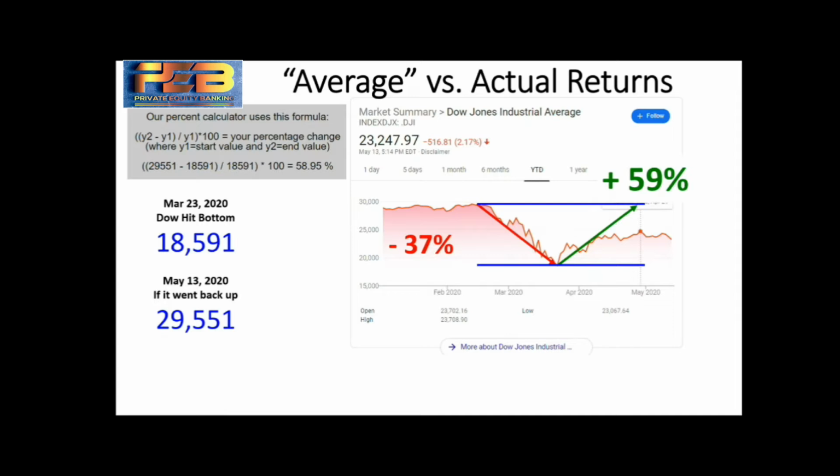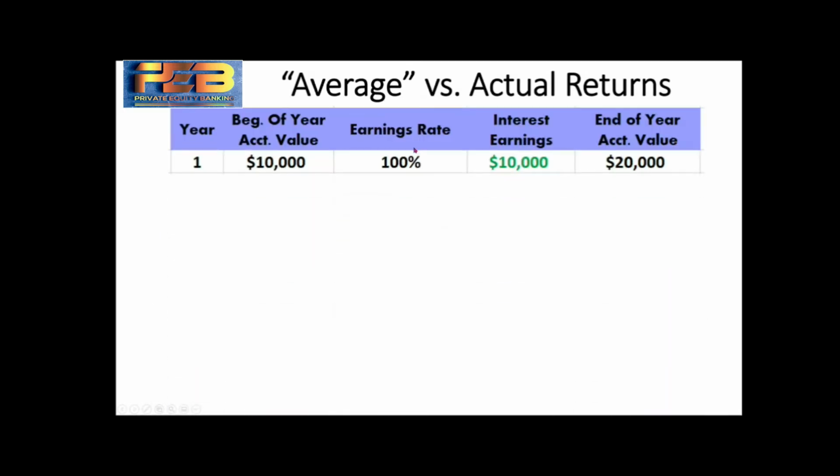And to get it back up to the 10,000 is going to take 59%. And a lot of us don't understand that. What took 37% to lose takes 59% growth to get back. Let me explain it a different way. Let's say year one, you've got $10,000 in the stock market, and it earns a phenomenal 100% rate of return.